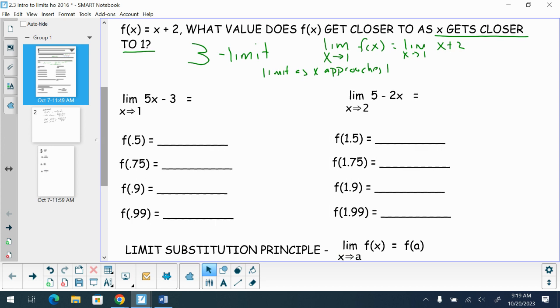What I would suggest you do in your y1, this will make life a little bit easier. In your y1, type in your 5x minus 3. And then calculate your value at 0.5, at 0.75, at 0.9, at 0.99.